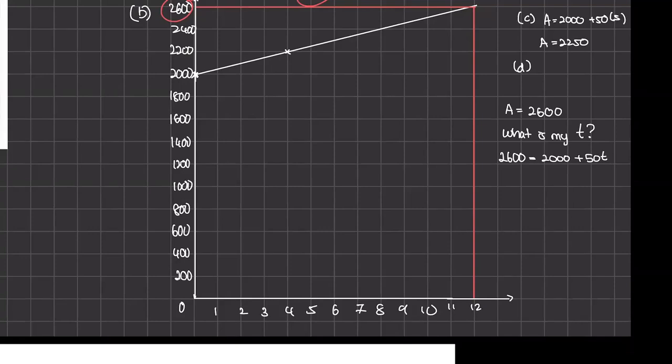So I can just minus out 2,000. 50T is equal to 2,600 minus 2,000, which is 600. T is equal to 600 divided by 50. T is equal to 12. Yes. Calculation also can, graphing method also can. Up to you.